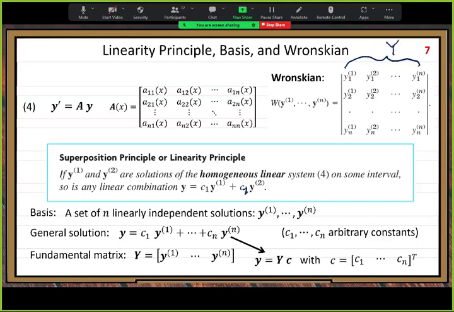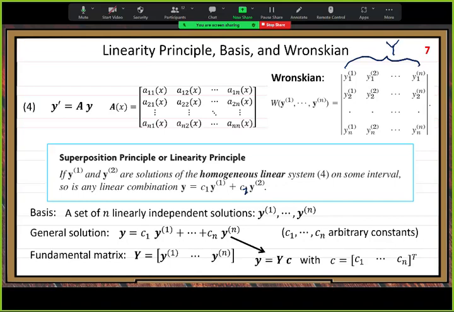Those superscripts are not derivatives. They are just numbers, different solution numbers. Remember, in our earlier notation for higher order derivatives, we used parentheses with a superscript.